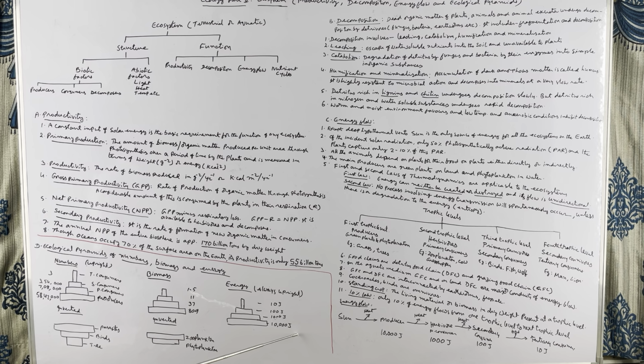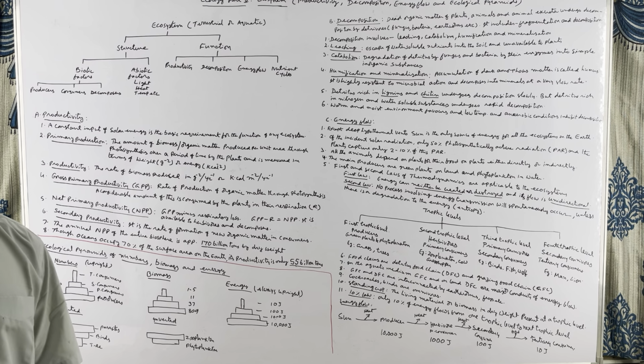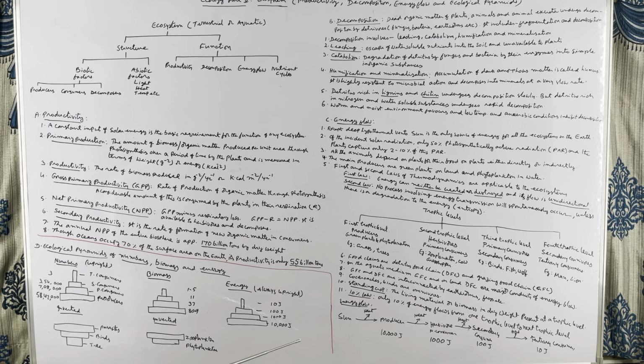And the direction of energy is always unidirectional. So energy flow is always unidirectional. It flows like this, never comes back. And at the end of its passage, the energy escapes into nature.